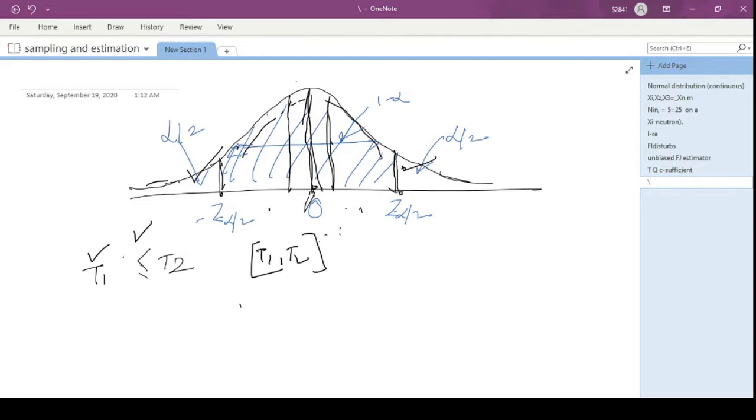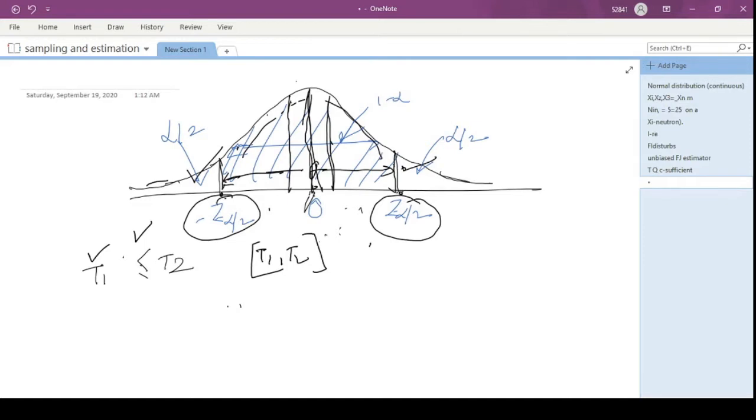So what is the probability that the population parameter, which could be any parameter of the population, not only the mean, so let us say theta, belongs to this interval, within this variate and this variate, translated into standard normal distribution form?